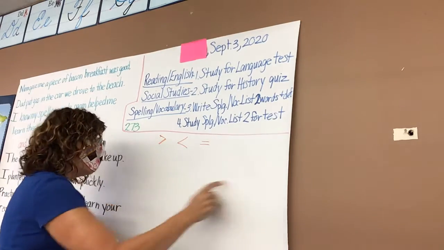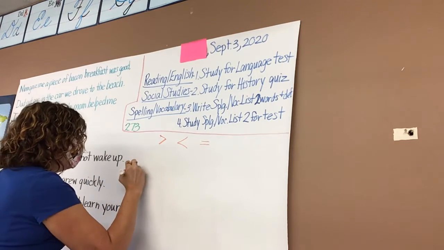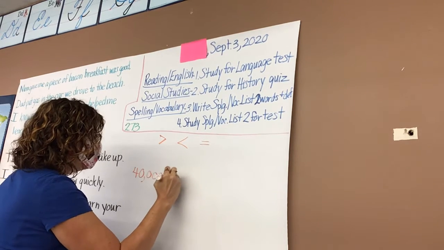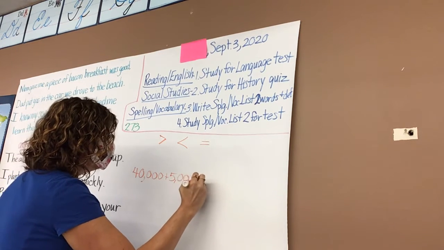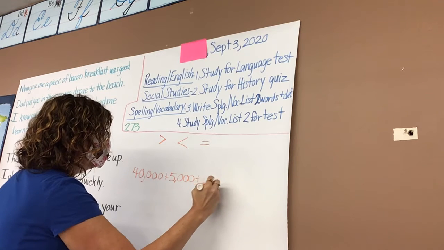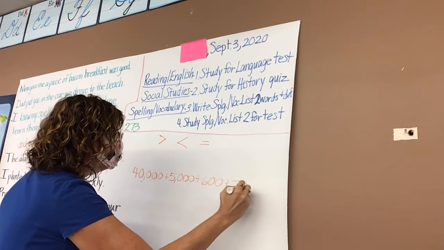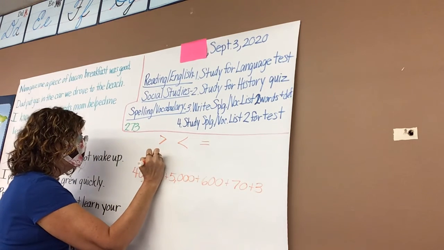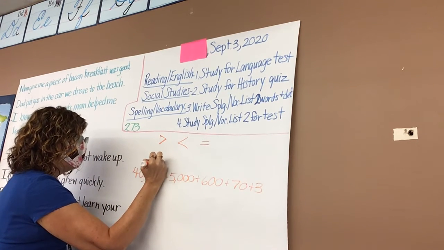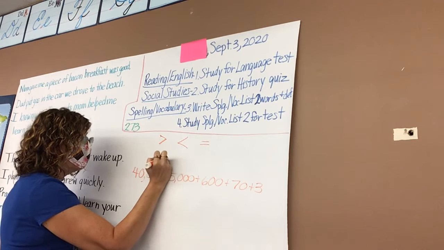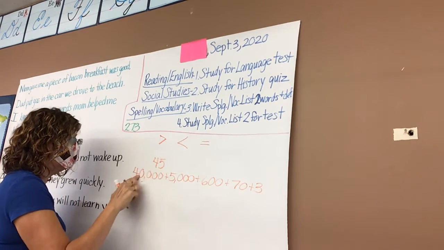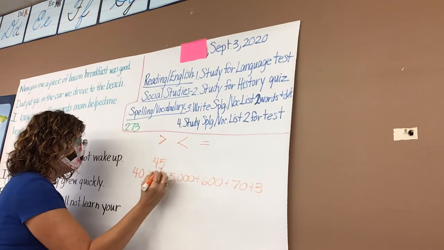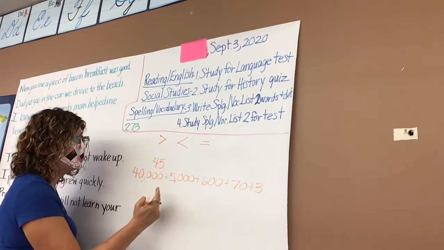So above that standard form, which says 40,000 plus 5,000, what's the next thing it says? Plus 600? Yeah. Plus 70 plus 3. You need to put it together. So you would put what? 4, 5. Don't put the comma yet because you got to put the 40 and the 5 together first. 40,000 and 5,000 is 45,000. Then you put the comma.